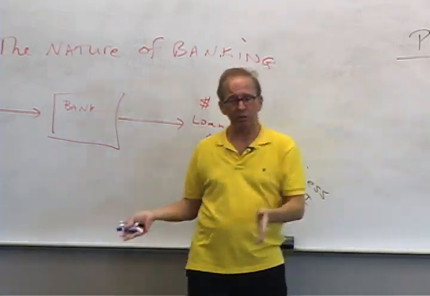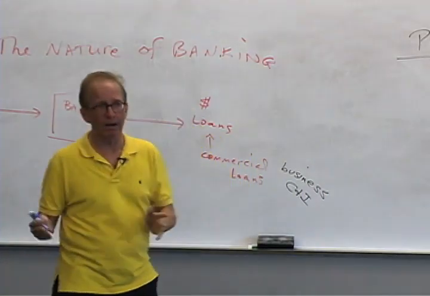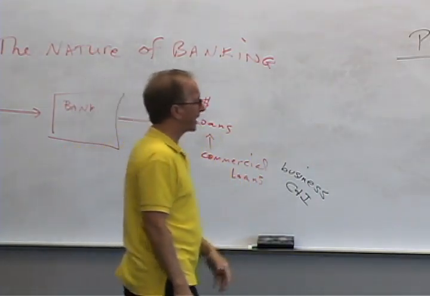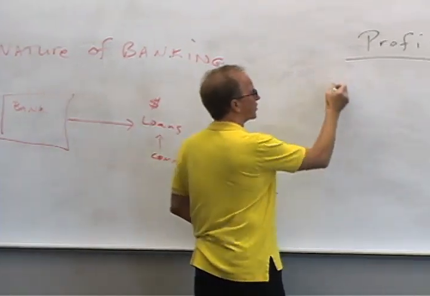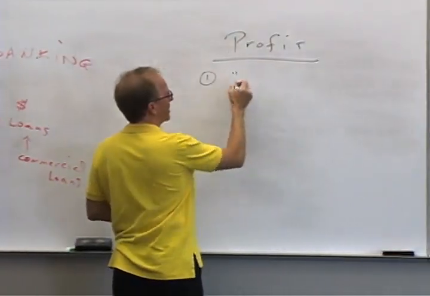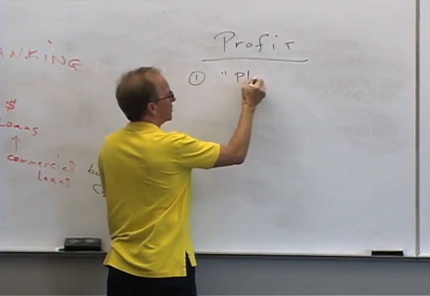Anyway, the point is we've got these businesses and they're organized to earn a profit. That's what the shareholders want. Okay. Now the question is, how do they earn a profit? Here's the first way, and the term I always use is they play the yield curve.